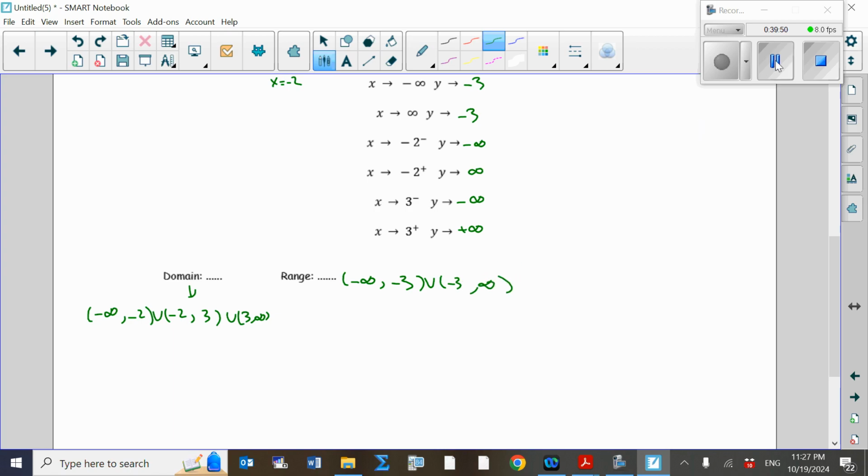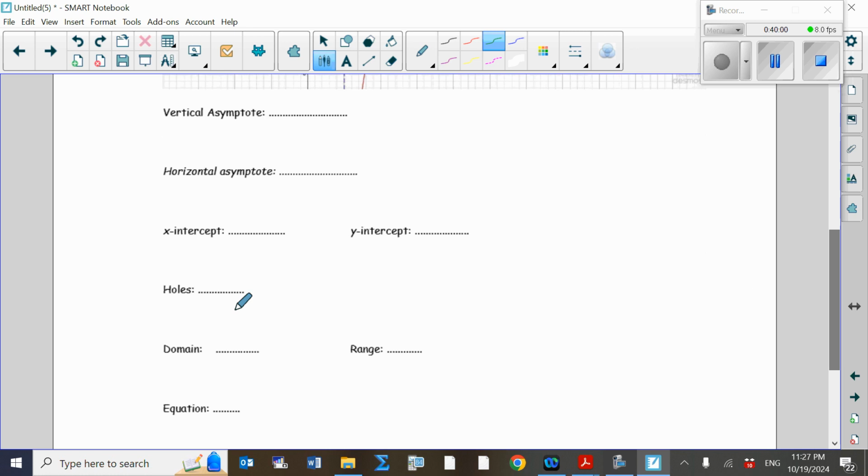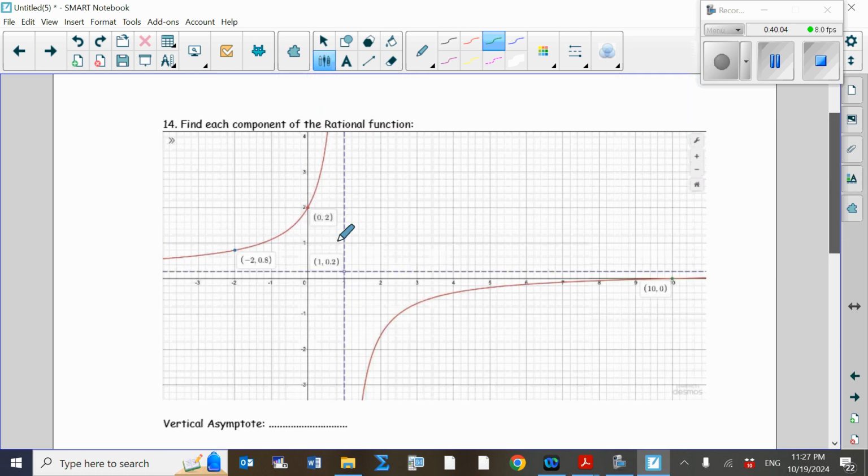And here's the last question that we're going to work. We have the graph and we want to write the equation of the function at the end. Okay, so vertical asymptote is at x equal to 1.